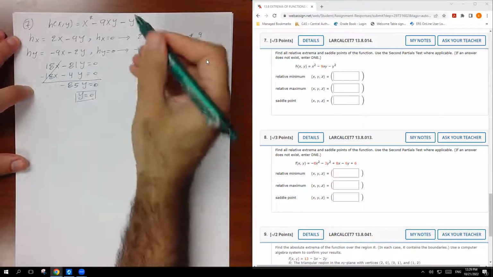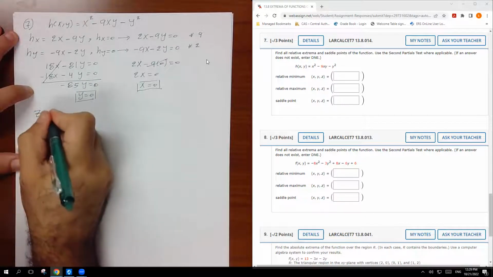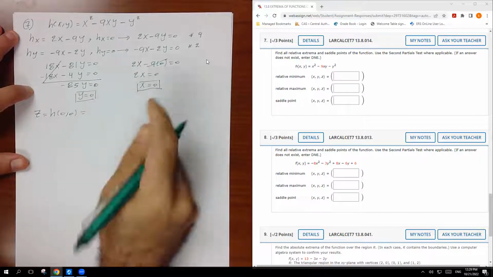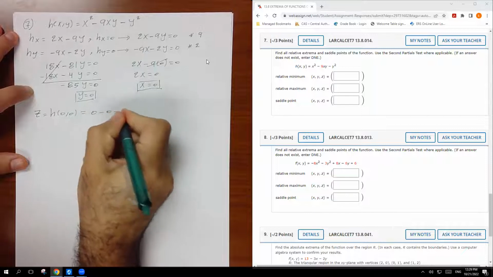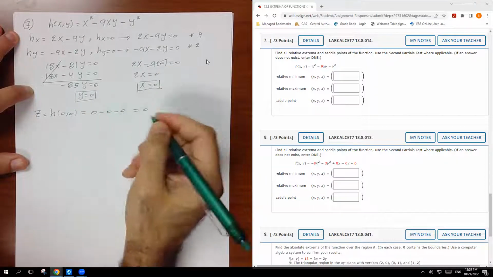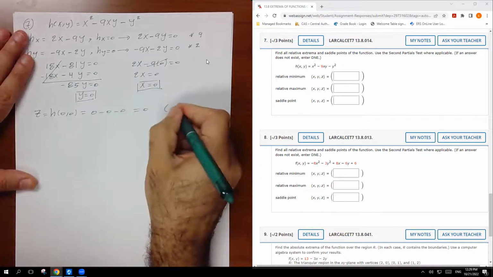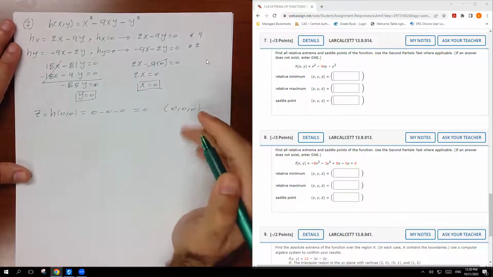Plug in these two numbers here to find the point. That means our z is going to be h of 0, 0, which is equal to 0 minus 0 minus 0. That means our point is going to be all zeros. The critical point. So now this is our critical point.